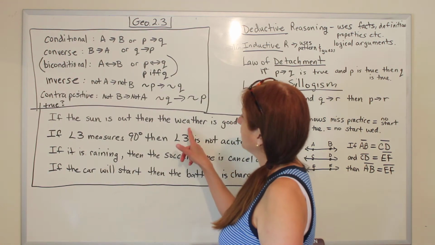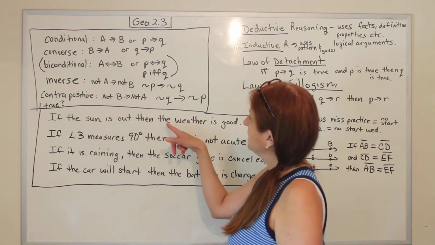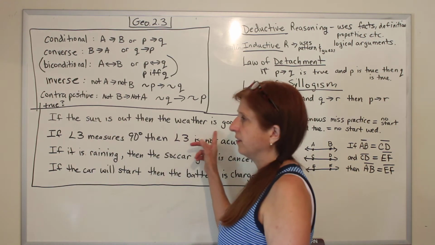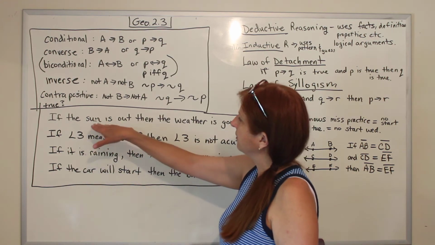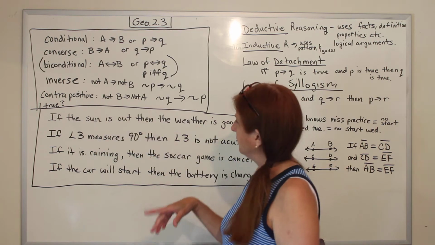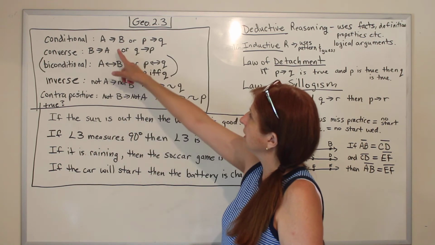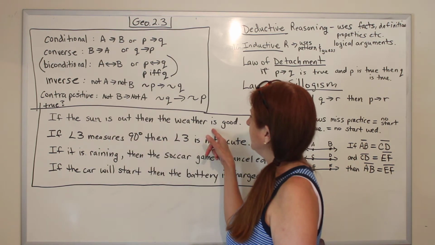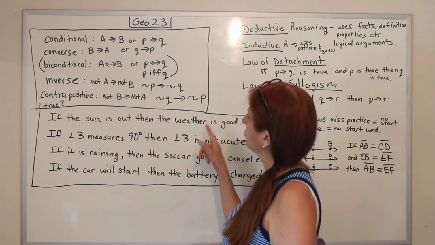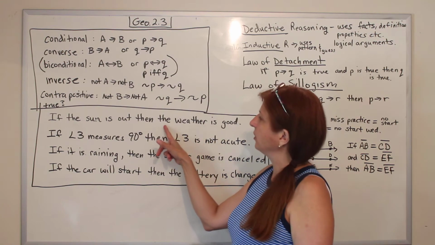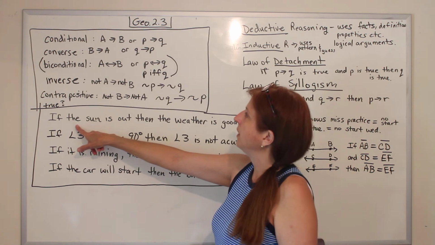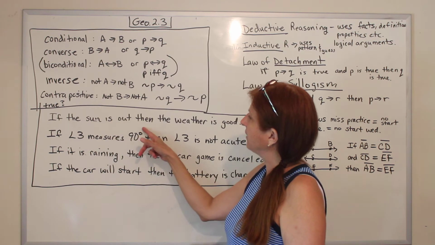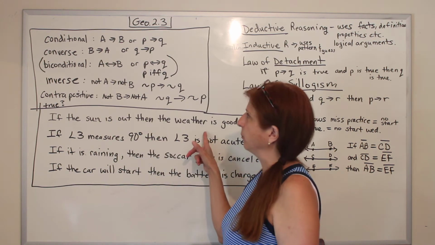Alright, so we're going to do this one. If the sun is out, then the weather is good. This is the hypothesis, this is the conclusion, this is the if, that's the then. Okay, so conditional, if the A is the sun is out, the B is the weather is good. So the converse would be, if the weather is good, then the sun is out. The biconditional would be, the sun is out if and only if the weather is good.